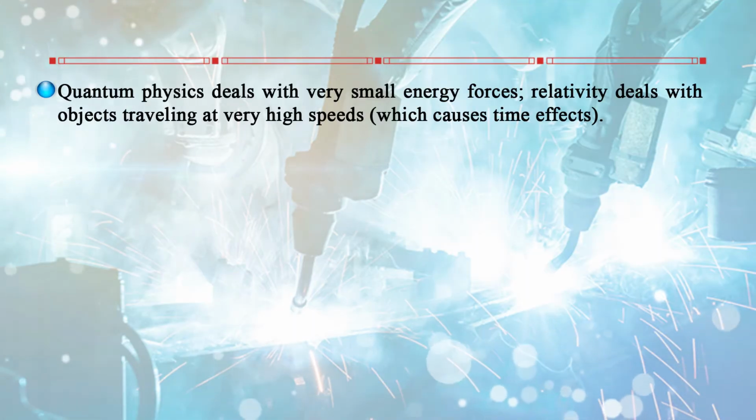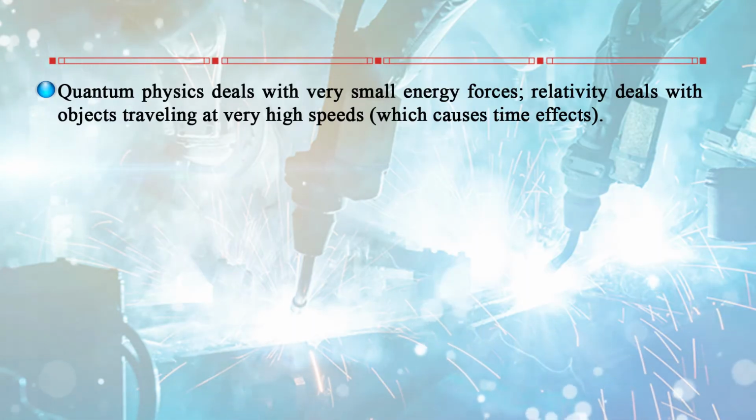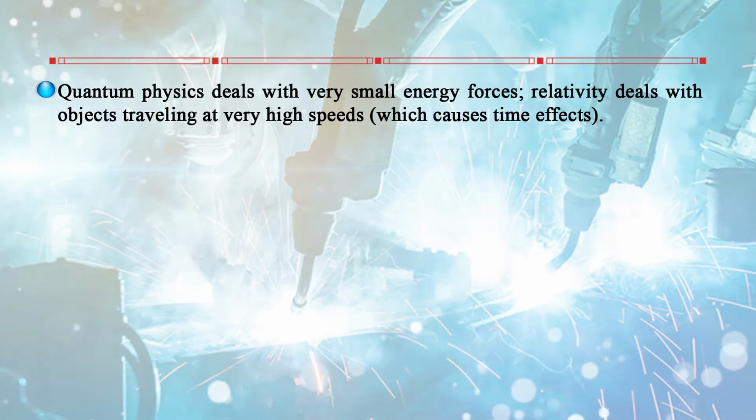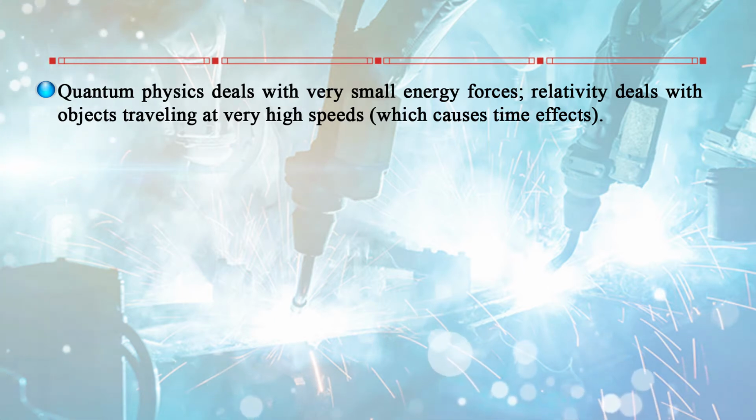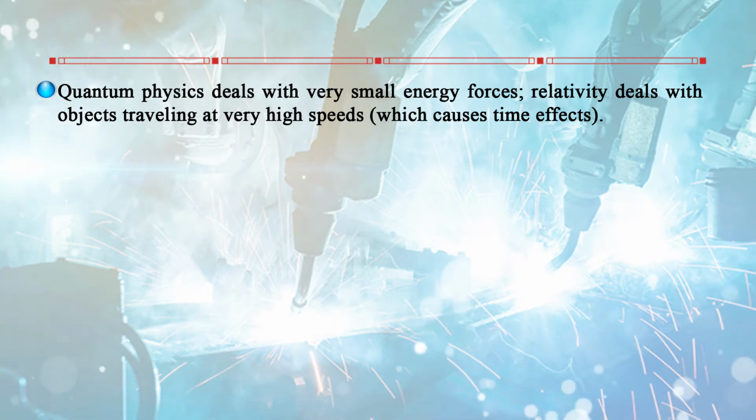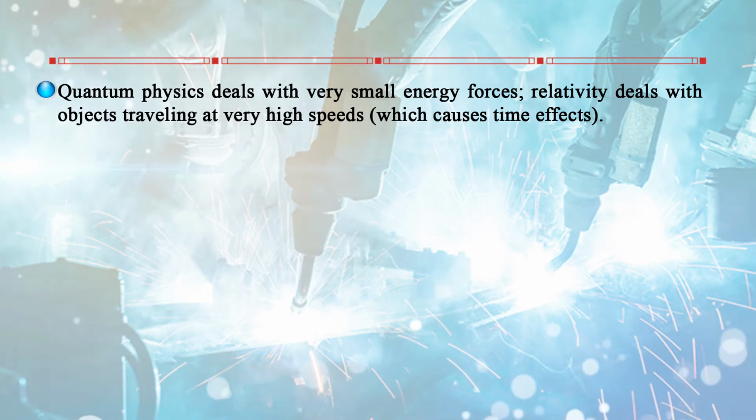Physics is the science of energy and matter and of the interrelationship between these two, grouped in traditional fields like thermodynamics and electromagnetism, and quantum physics, which deals with very small energy forces. That means it deals with objects traveling at very high speeds, which causes time effects.